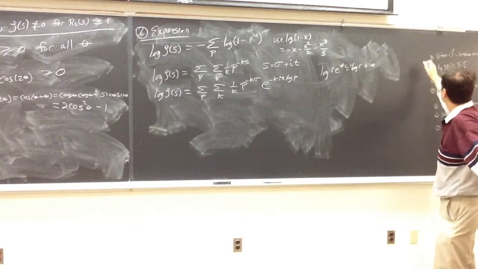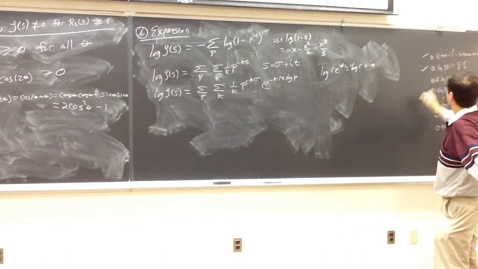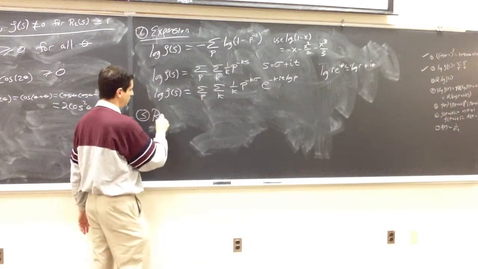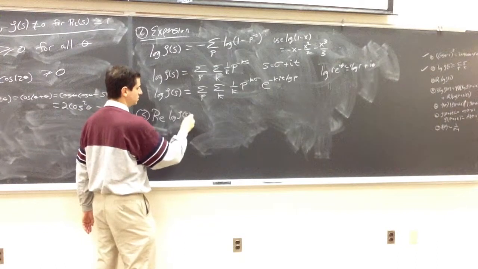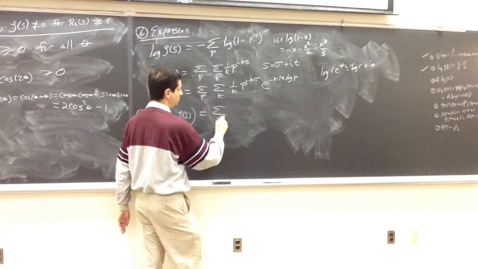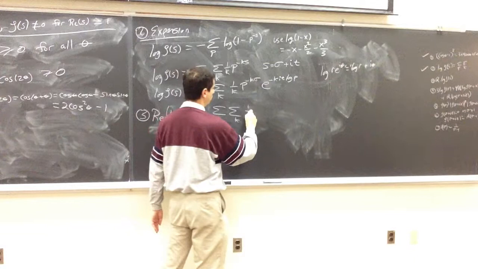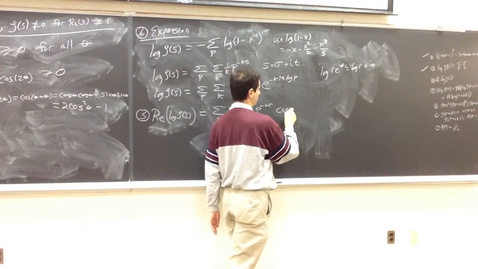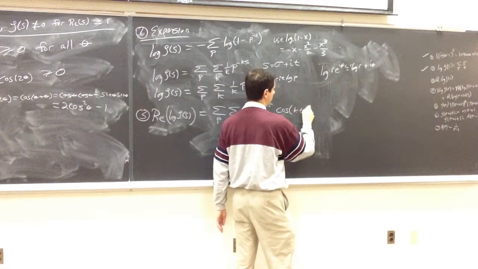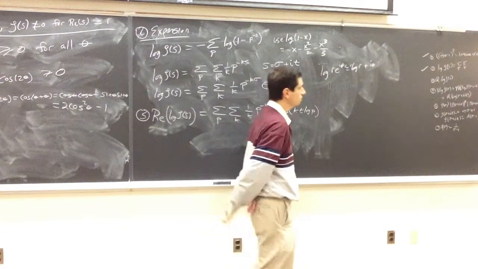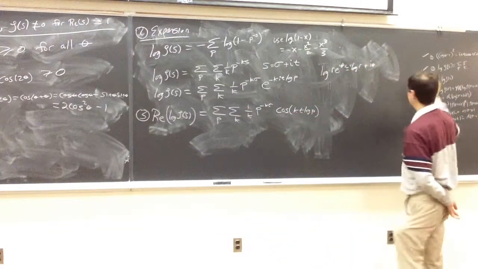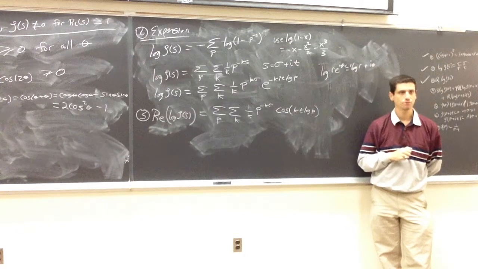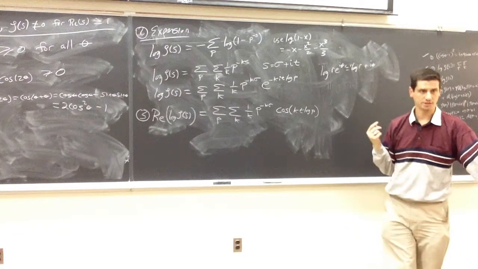All right, so we've done step 1, we've done step 2, we've talked about step 3. Let's just isolate it now. Step 3, the real part of the log of zeta of s is just the sum over p, the sum over k, 1 over k, p to the negative k sigma, then cosine of k t log p. Okay? Right now, it's not entirely clear why we're doing all of this.